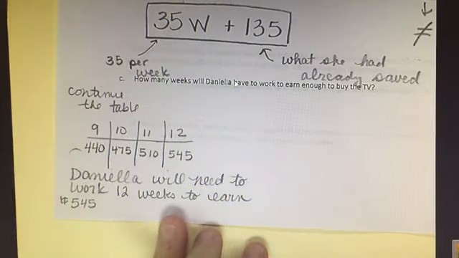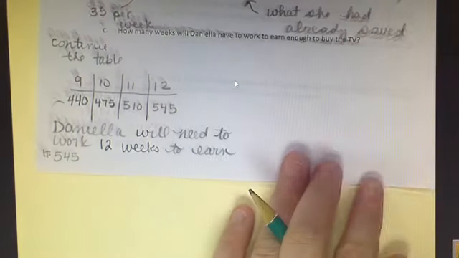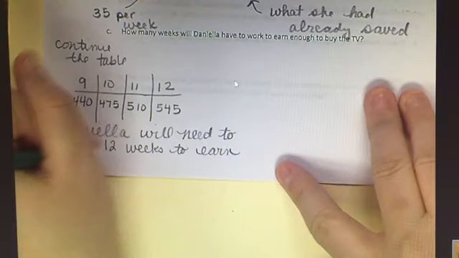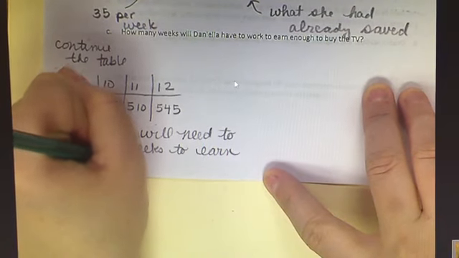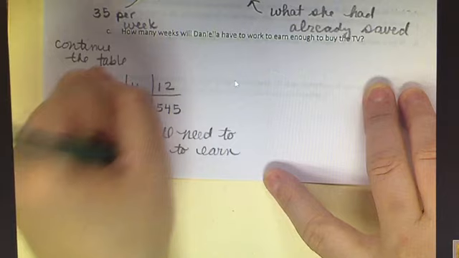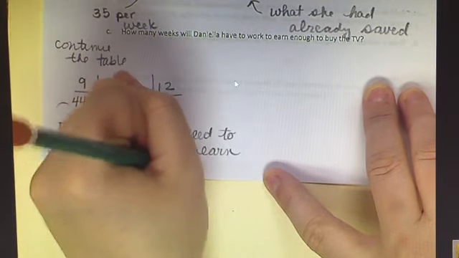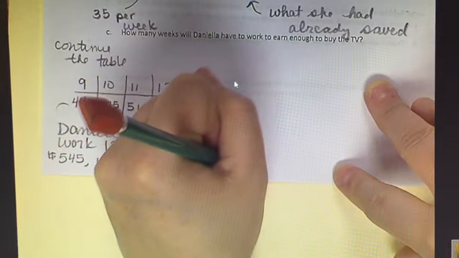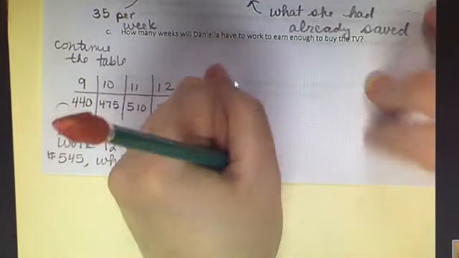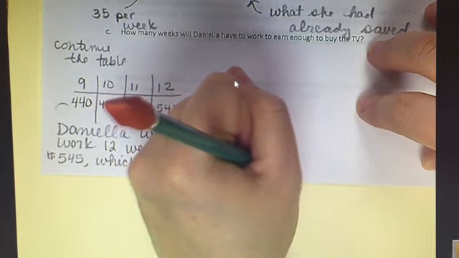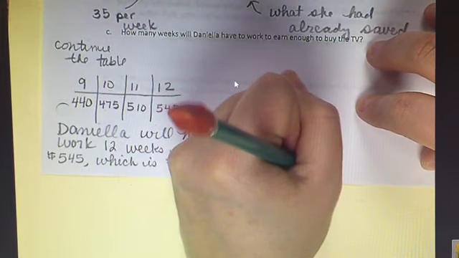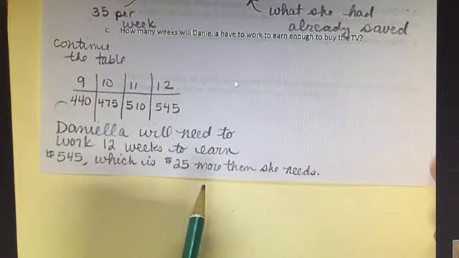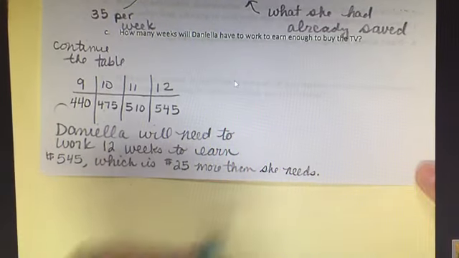Okay, so you need to tell me how many weeks, how much is she going to earn, which is $25 more than she needs. Make sure you include that last part, like, hey, she's making more than she actually needs to make, okay?